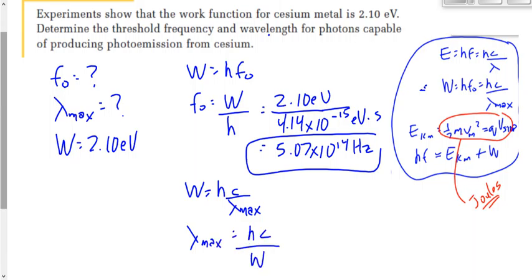So it's going to be HC over W. When we get that value in meters, it's the maximum. So anything above that wavelength, nothing happens. Anything below, something happens. Below this frequency, nothing happens. Above this wavelength, nothing happens.